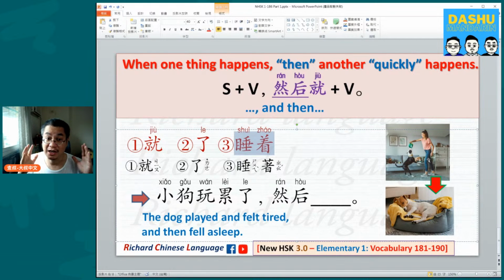They are the same concept. But 就 is always used in a structure, and that's the reason why you need to get familiar with 就.